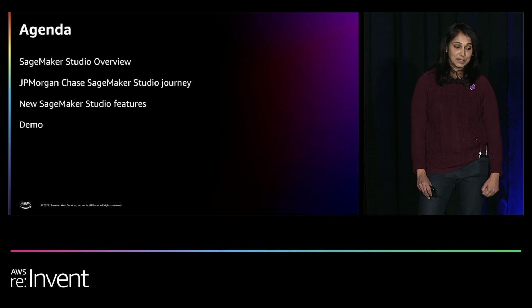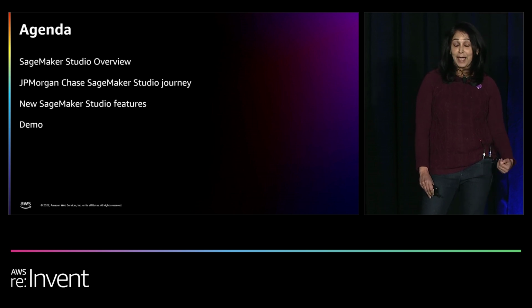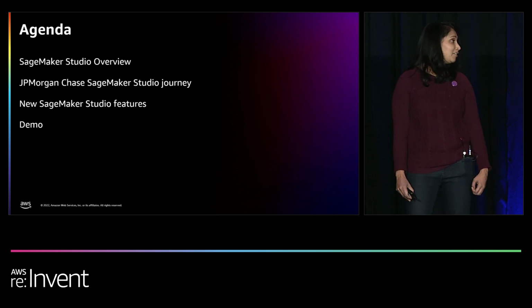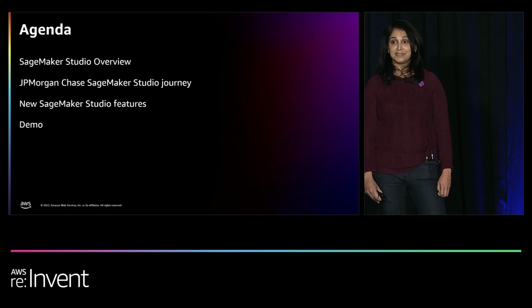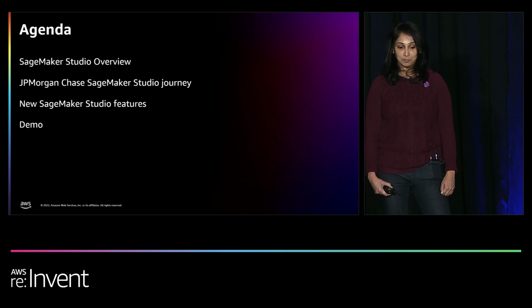Then Piyush is going to go over how they're using SageMaker Studio at JPMorgan Chase, and he's going to share the architecture that they've deployed. I'll give you an overview of SageMaker Studio features. And finally, Ram will walk you through a detailed demo showing you exactly how to build, train, and deploy models using SageMaker Studio.